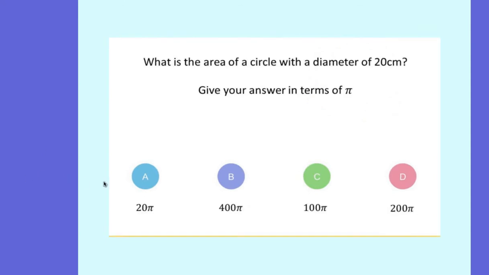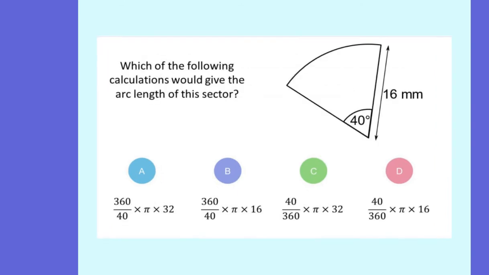Question number 2. What is the area of a circle with diameter of 20 centimetres? Give your answer in terms of pi. Again, pause the video if you need. Question number 3. Which of the following calculations would give the arc length of this sector?